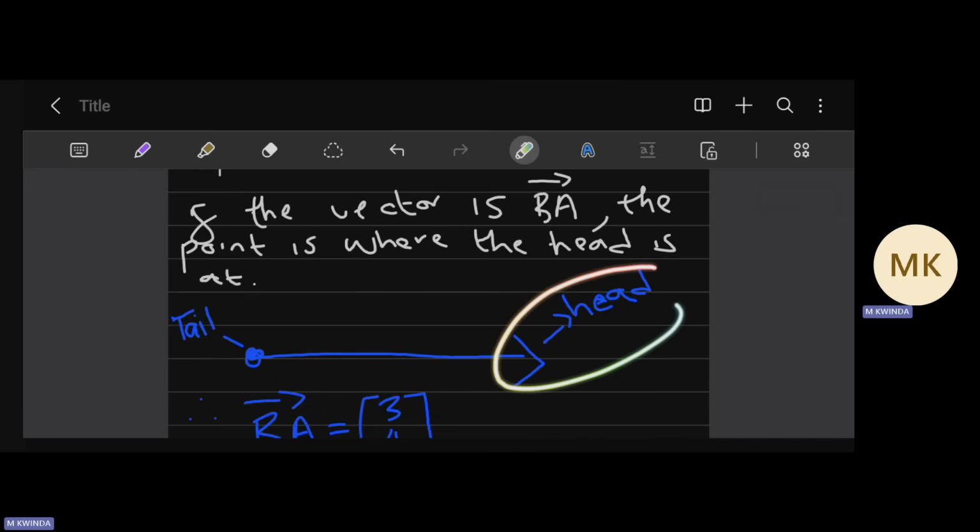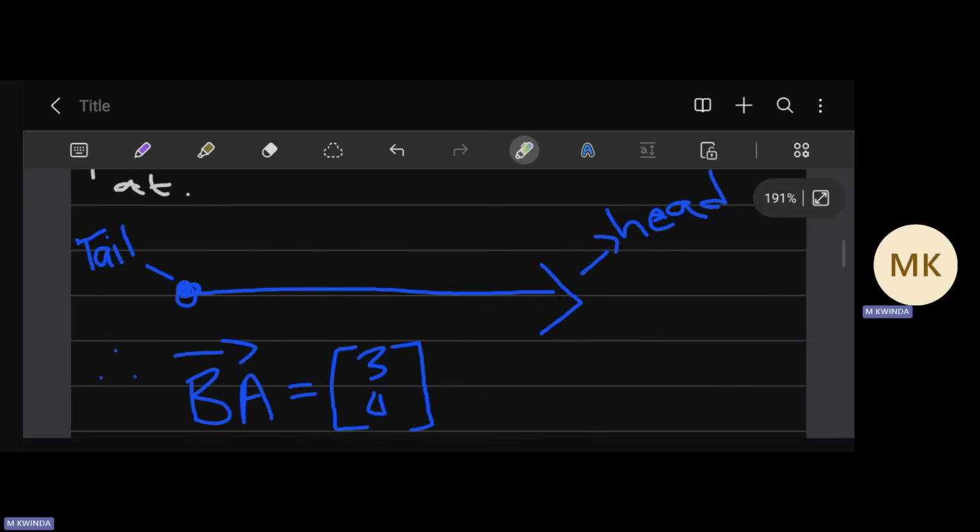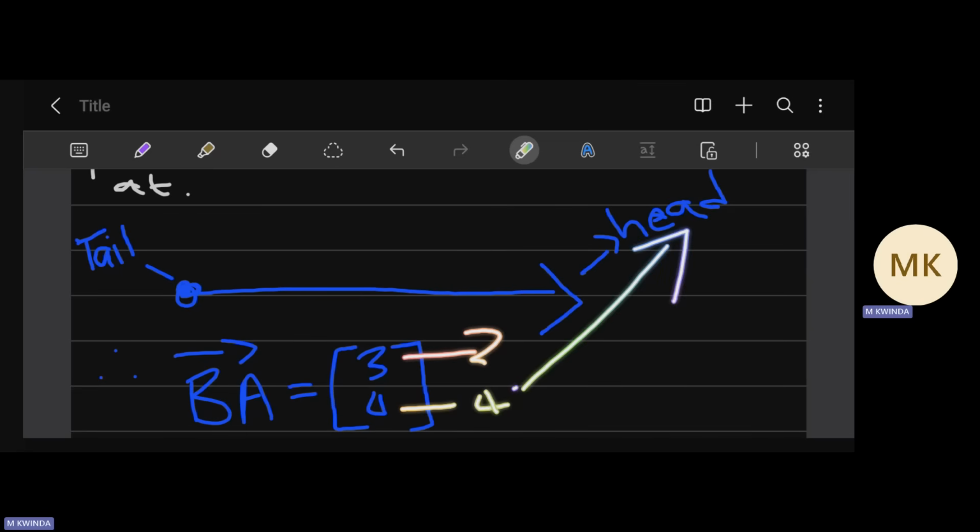So the head is represented with that arrow, and the tail is where you start, right? So BA would be where x is 3 and where y is 4. So you'd move like that in that direction. So you'd move all the way as x becomes 3 and as y becomes 4, you keep moving.